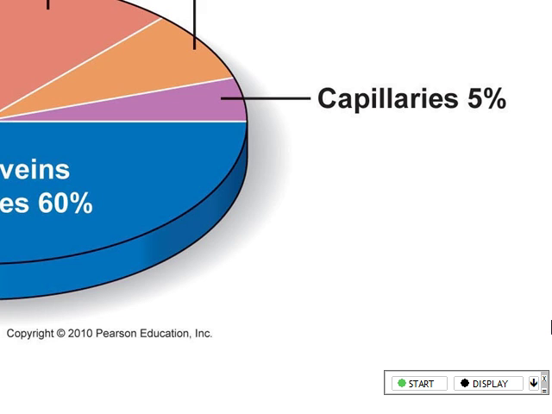Capillary beds about 5%, the heart only 8%, pulmonary blood 12%, that's the stuff going to the lungs to get rid of what? Carbon dioxide, pickup oxygen, and things move fairly quickly through the arteries because they're under what? High pressure, so only 15% of blood is traveling through the arteries at any given time.